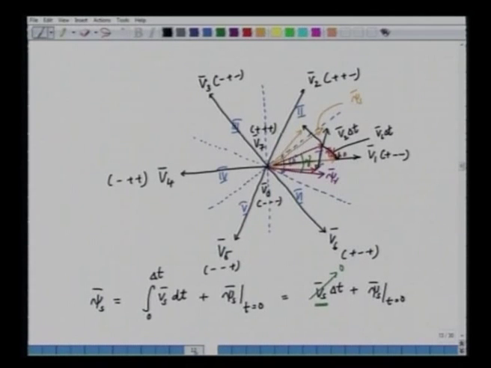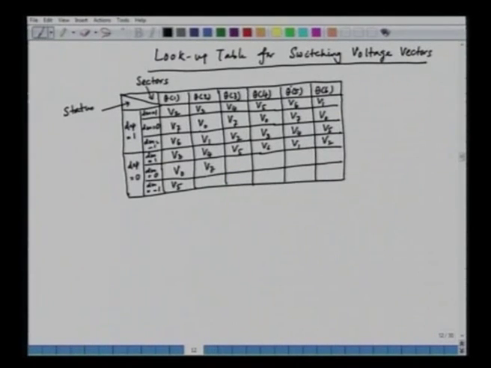So, from V4 we can go to V7. Similarly, from V5 we can go to V0. Then from V6 it is easier to move to V7. From V1 it is easier to move to V0. From V2 it is easier to move to V7. So, this is how the vectors are changed.